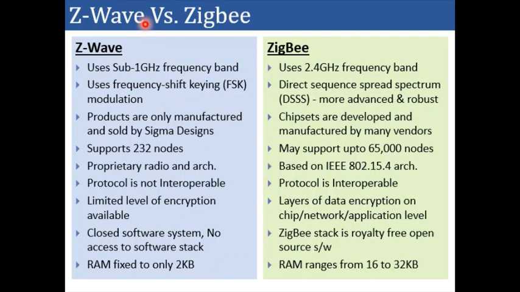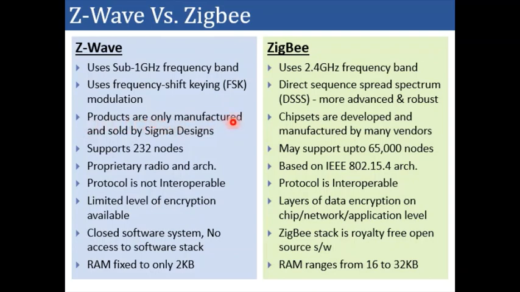So when we compare Z-Wave and ZigBee, Z-Wave uses sub 1 gigahertz frequency band while ZigBee uses 2.4 gigahertz frequency band. Z-Wave uses FSK, that is frequency shift keying modulation, while ZigBee uses direct sequence spread spectrum called DSSS, which is more advanced and robust data modulation technique.